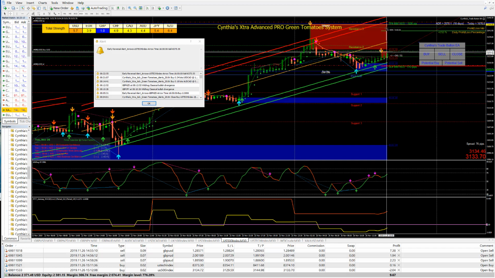Here's my target for the triangle breakout, and back in here with the pop-up alerts, you do get extra pop-up alerts with this system. So when there's a triangle breakout, the dashed green line is the upper resistance and the dashed red line is the bottom support, and if price breaks above or below, you'll get a pop-up alert that says UTL, which means upper trend line break, and it'll give you the currency pair so you can go look at it.